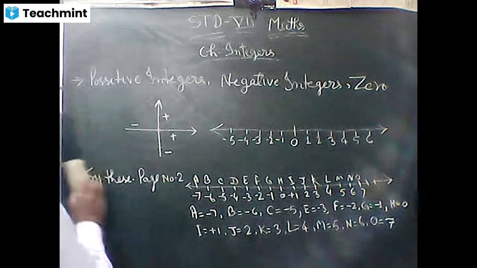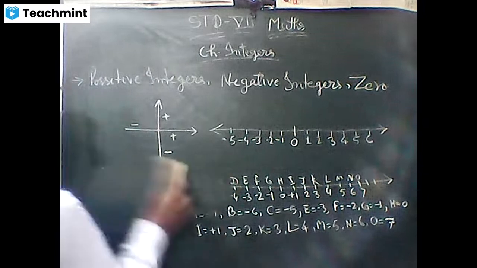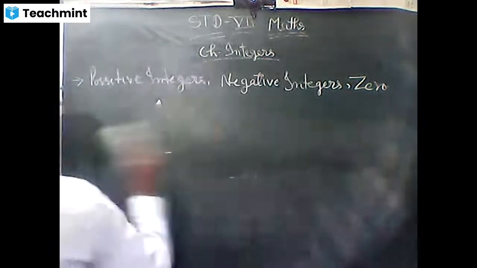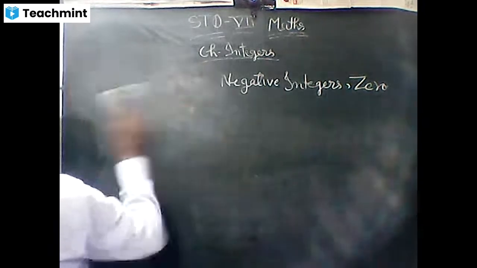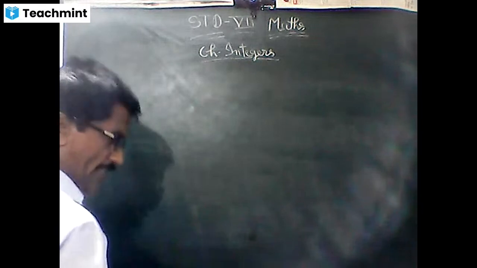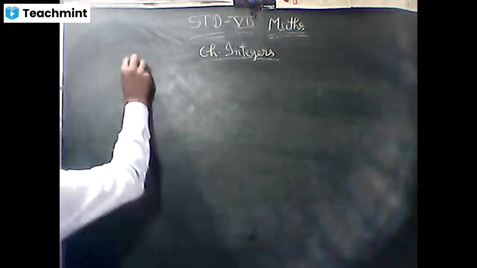If we move to your problems, you have to learn your question exercise 1.1, and that is question number 1. Now we are moving ahead to our question exercise, and your exercise is 1.1.